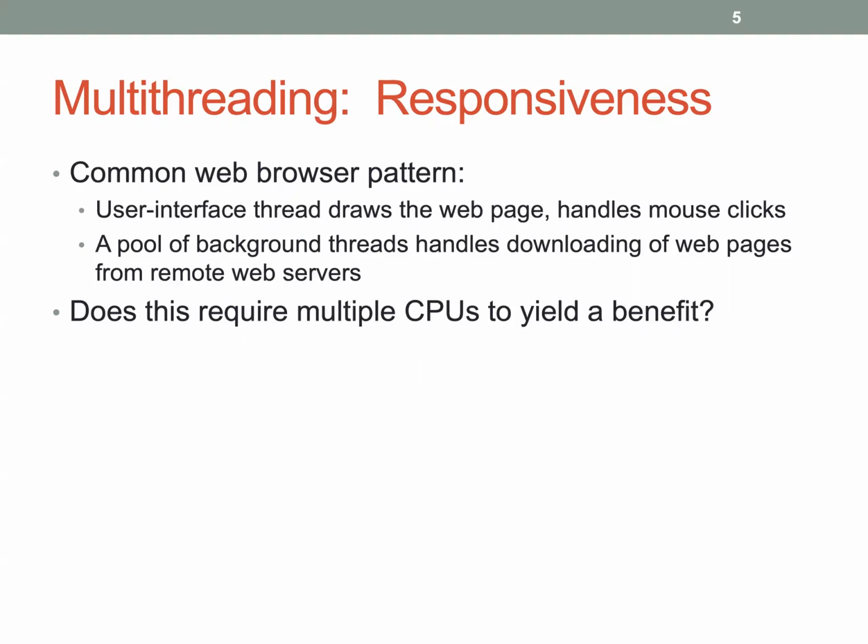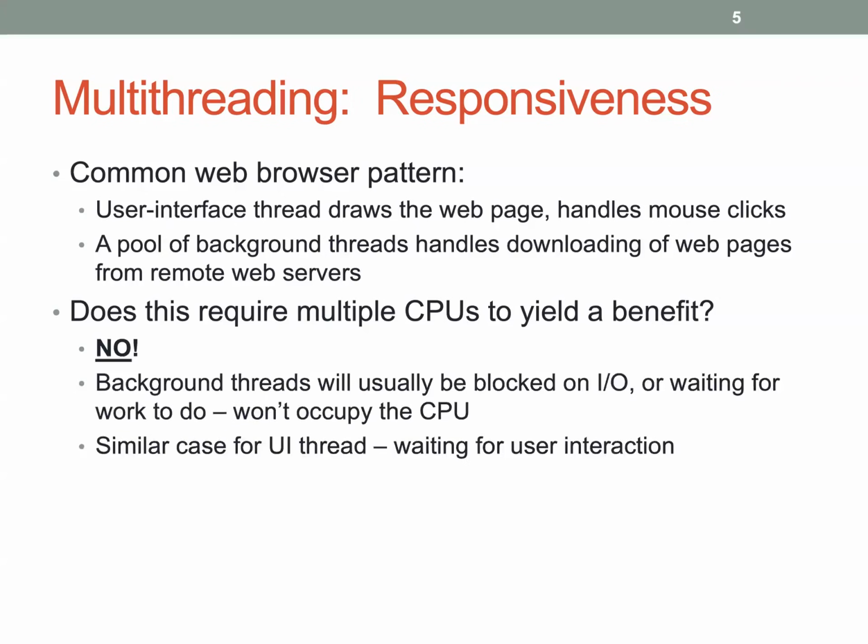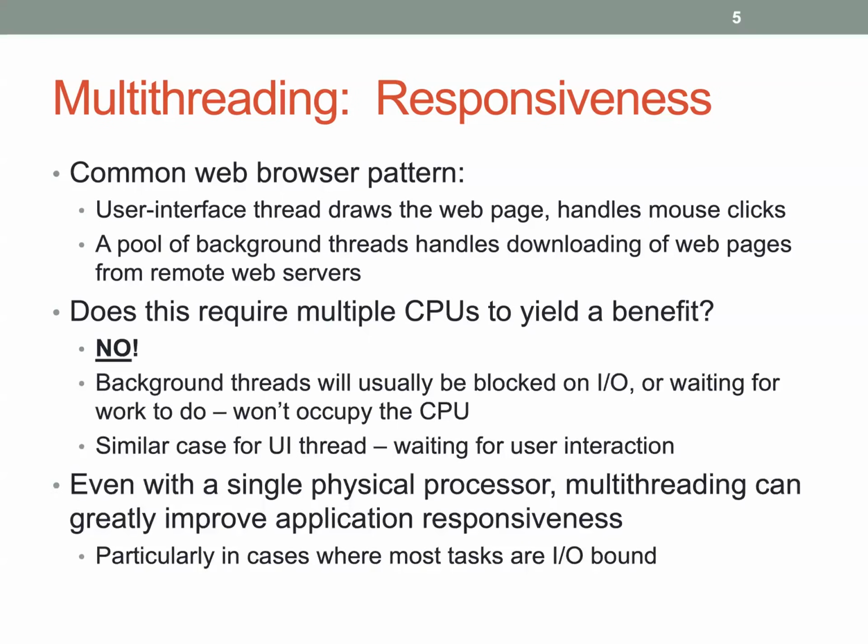And so in this context, you can have one single CPU with a bunch of threads, and you'll still see a performance improvement, because you're doing something useful with the time you would otherwise spend waiting if you only had a single thread. So this is kind of an important result.